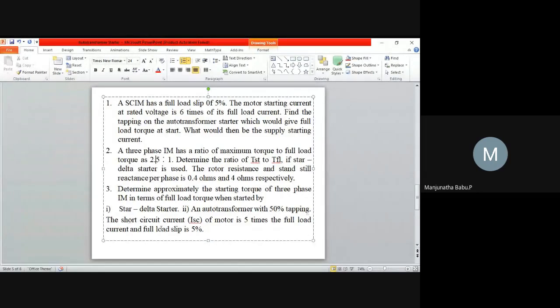The short circuit current ISC of the motor is 5 times the full load current, and the full load slip is 5%. So it's a direct numerical, there is no confusion.